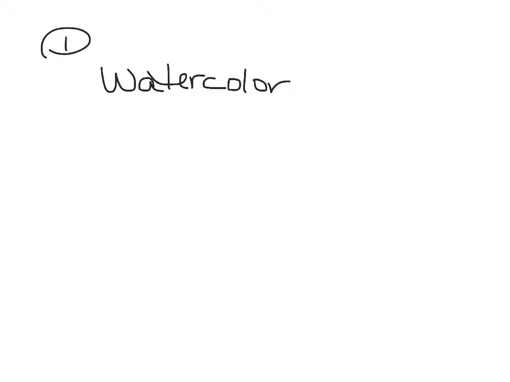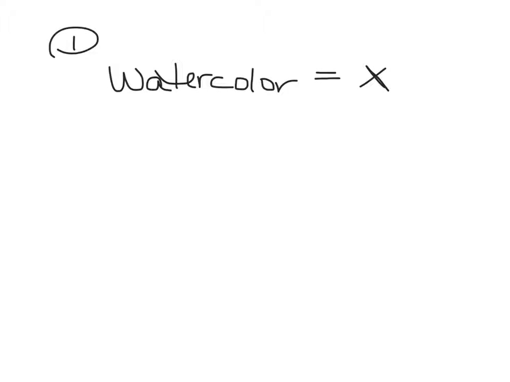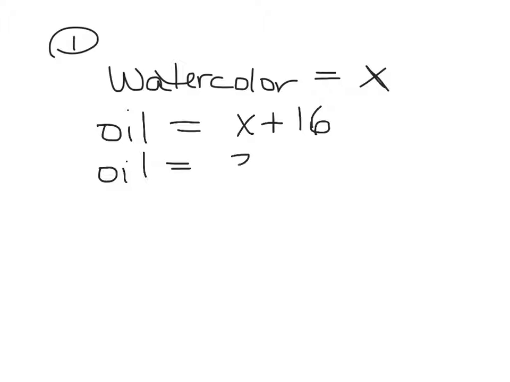So again, it's giving me my choices for the watercolor, so that's what my variable is going to represent. Then I'm going to go back and read what it says about the oil painting. It says an oil painting is 16 years older than the watercolor. And then it also says that the oil painting is 3 times as old.